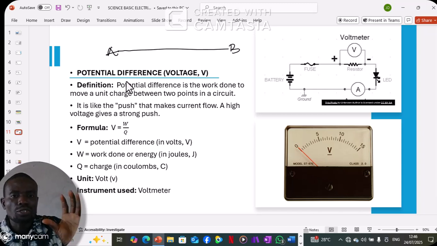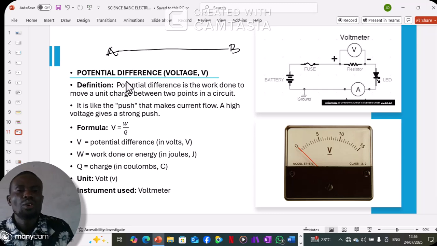It is the work done to move, because it has to do with motion. That's why it is termed work done. Something like a push. Potential difference is like the push that makes current flow. So I would say a high voltage gives a strong push. If the voltage is high, then there will be a strong push, and we are going to have more charges flow per time.